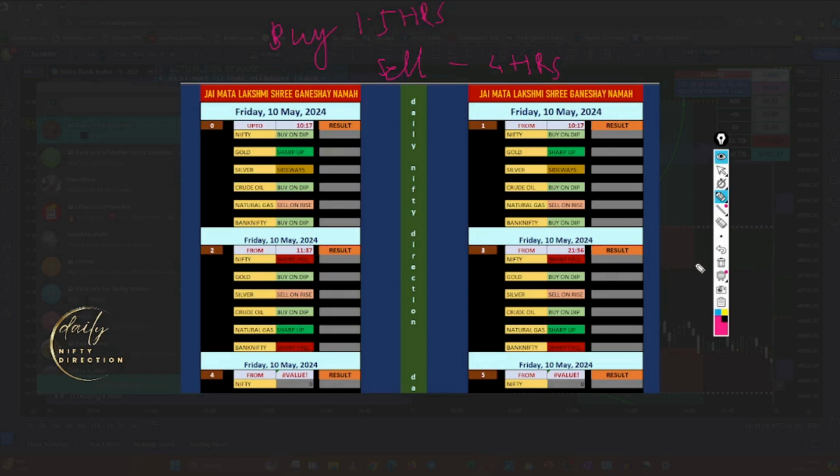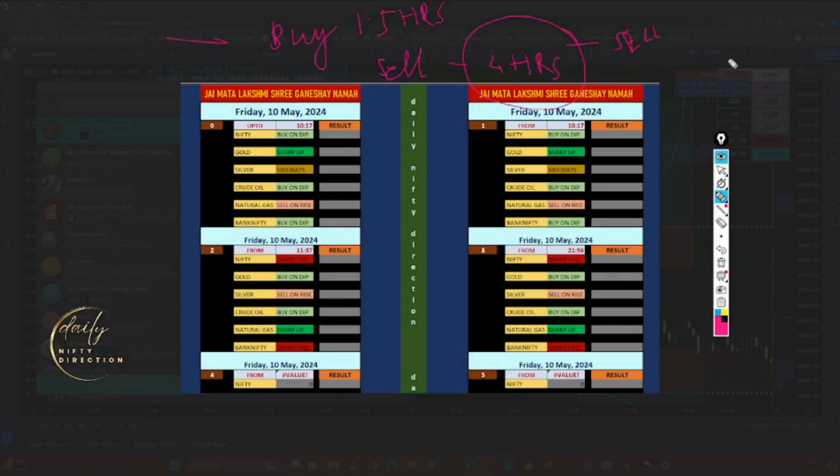So here you see that the major part of the day, 4 hours, is selling, bearish, and the minor part is bullish.